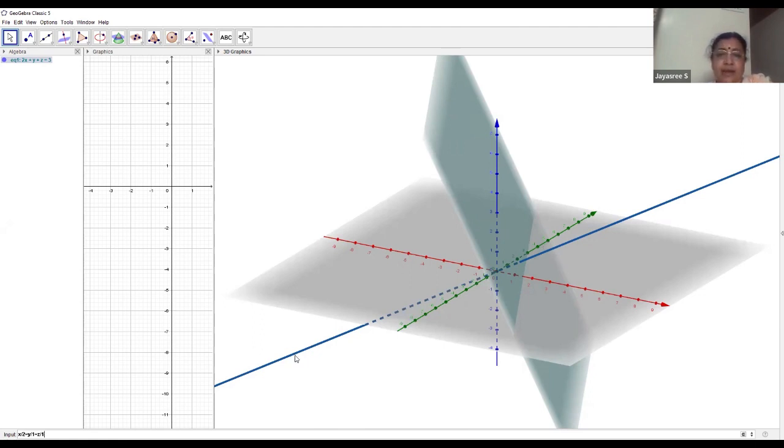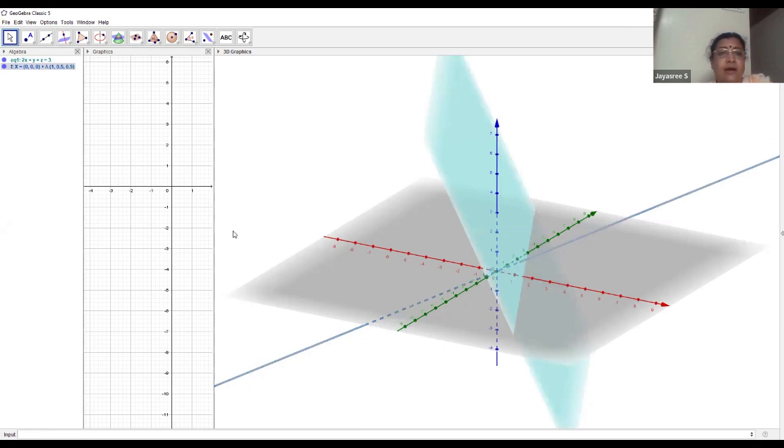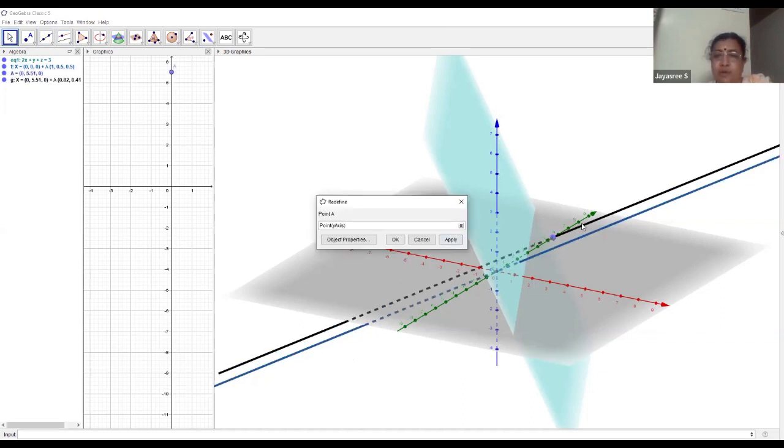I draw a line parallel to this one, and we can see this is also perpendicular to the plane.